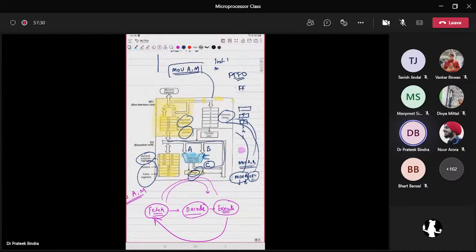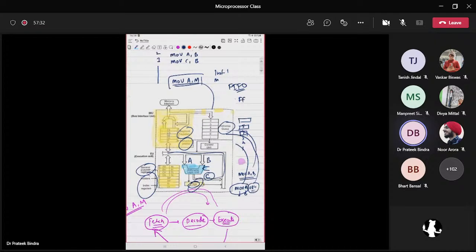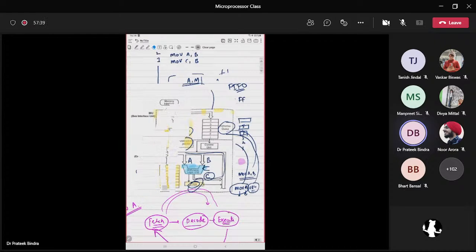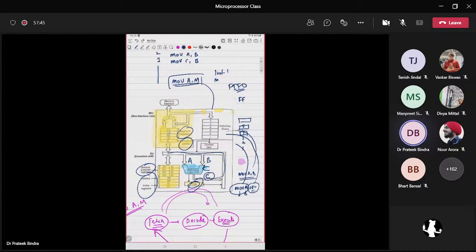So I will again take one simple example and then we'll stop. I take this example, ADD AB. Okay, so how is this ADD AB going to take place using this architecture?